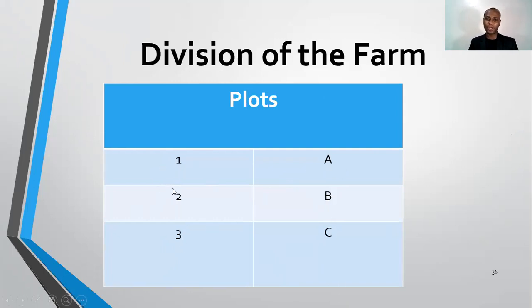What you are going to do is get pollen from plot 1 and move it to plot C to fertilize them. Then you get pollen from plot B and move it to plot 1, and then from plot A to plot 2. So you enhance cross-pollination on the farm.